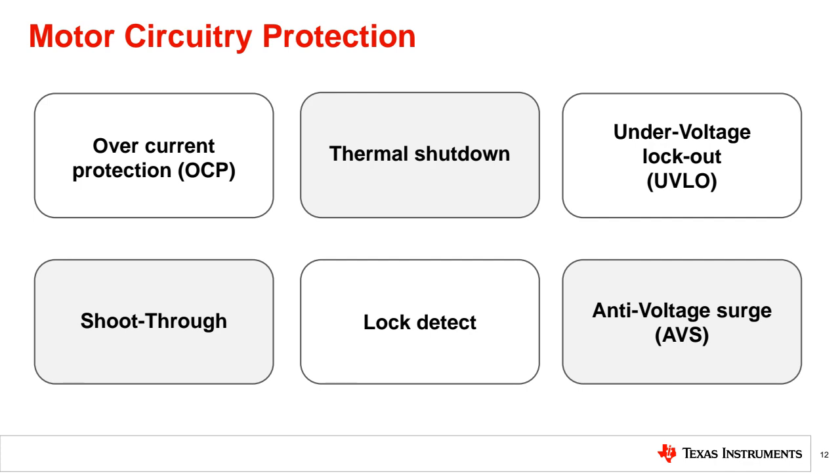And lock detect, what is it? Lock detect circuitry determines the motor is stalled. Sometimes your motor will be stalled. It rotates at high speed, and at one time it stops instantaneously. It's called locked or stalled. You need to prevent it.